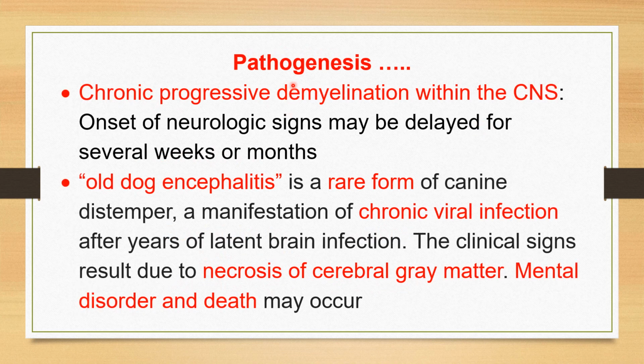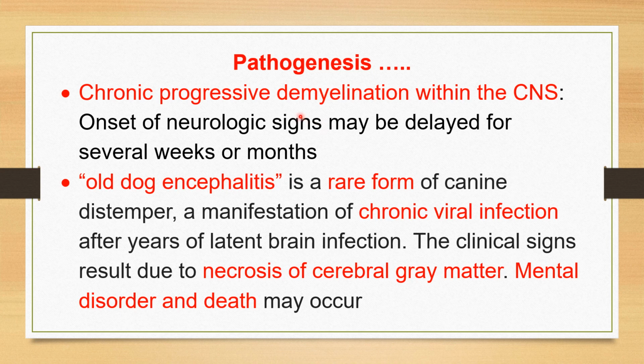We continue here the pathogenesis. This canine distemper virus causes progressive demyelination of central nervous system, especially neurons. And this occurs when there is a chronic case.